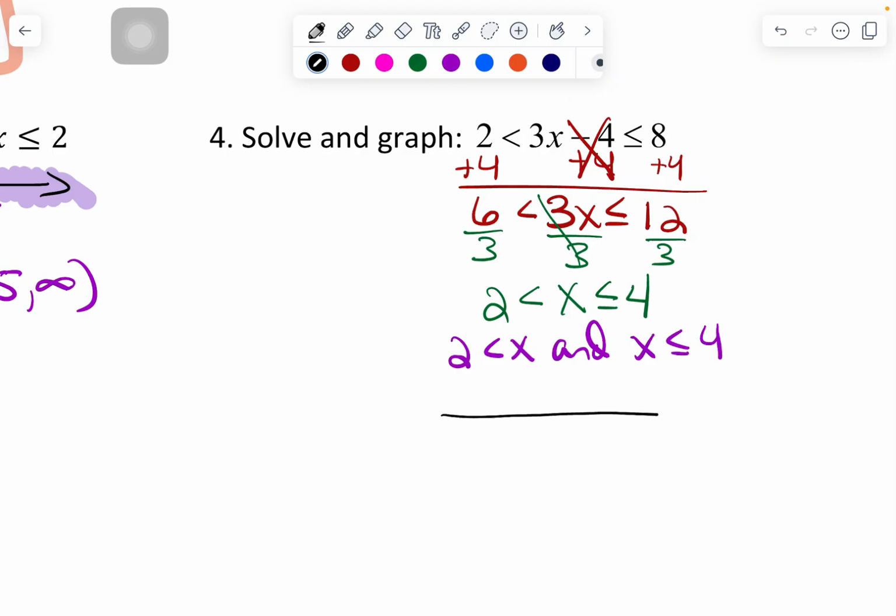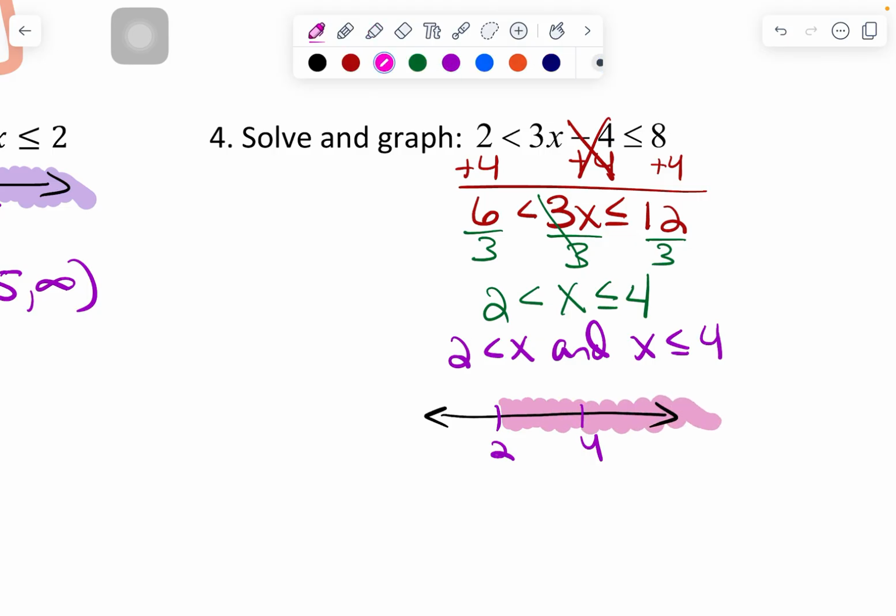So on my handy dandy number line, I need the number 2, and I need a 4. And from our first inequality here, I want 2 to be less than x, which means I want x to be greater than 2. So I'm going to shade to the right.